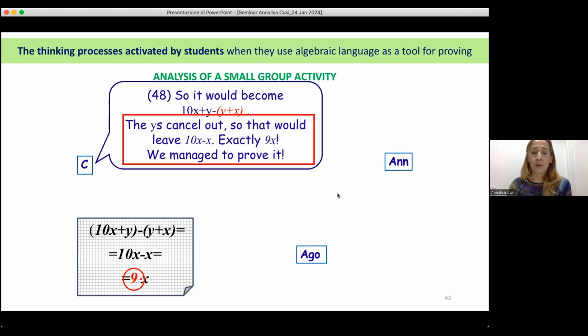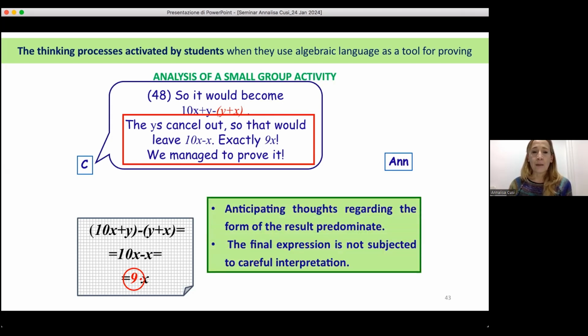But then we observe another element in this phase of the process. That is, there is an anticipating thought that guides the work of the group. They want to prove that the form of the final expression is 9 multiplied by something.